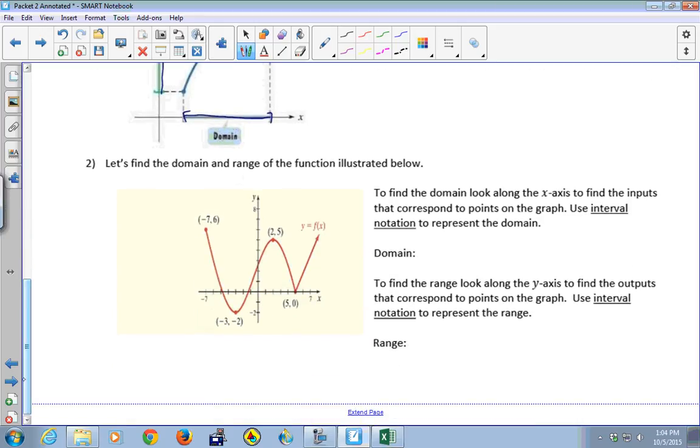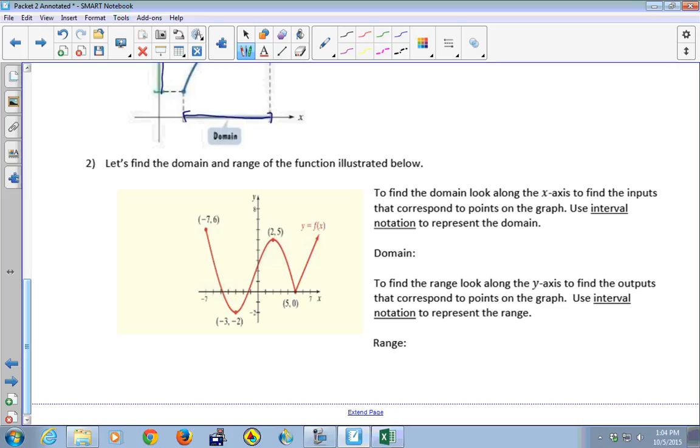I want to find the domain and the range of this function graphed here. So I want all the inputs that the graph lives on, all the x values. So I'm looking at the x-axis. What is the smallest x value where this graph exists? -7. And then it covers every x value moving from left to right.